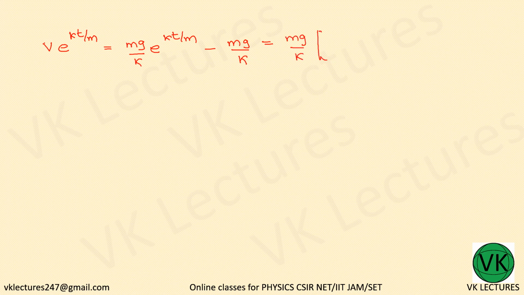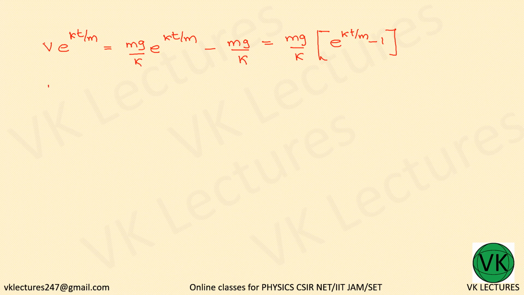Now coming to the equation once again, v into e to the power kt by m is equal to mg by k into e to the power kt divided by m, minus mg divided by k. Now you can write this by taking mg by k as common: e to the power kt by m minus 1.